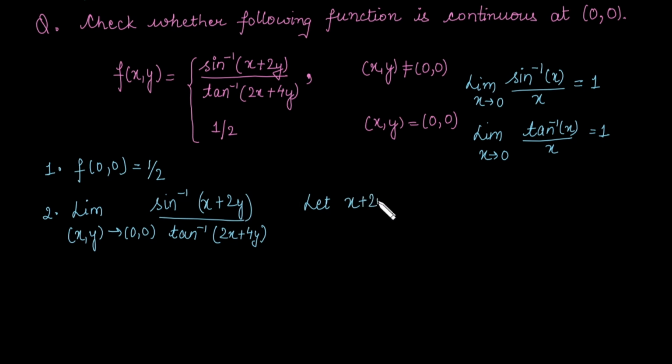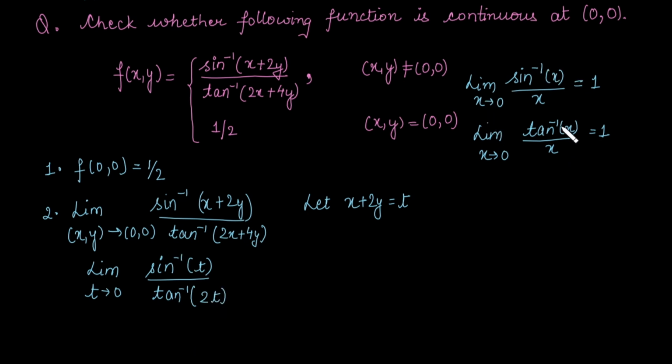x plus 2y is equal to t. Now as x, y is approaching to 0, 0, it means t is also approaching to 0. So we can rewrite this as limit t approaches to 0, sine inverse t divided by tan inverse, and in this case it is 2 times of t.